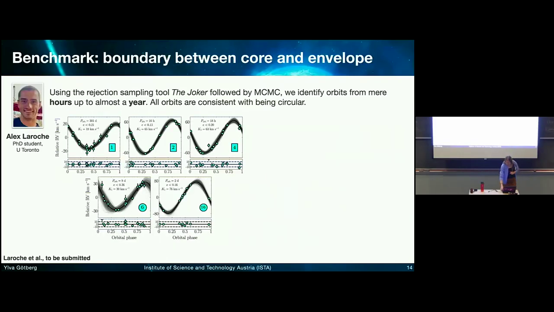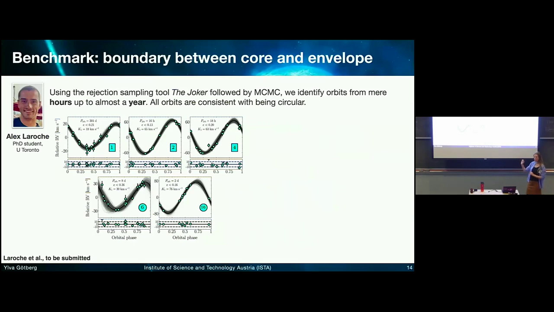We have recently started to do also orbital solutions for the stripped stars. This is work that I handed over to Alex Laroche, a PhD student at U Toronto, and he developed quite a bit of code to accurately measure the radial velocities.